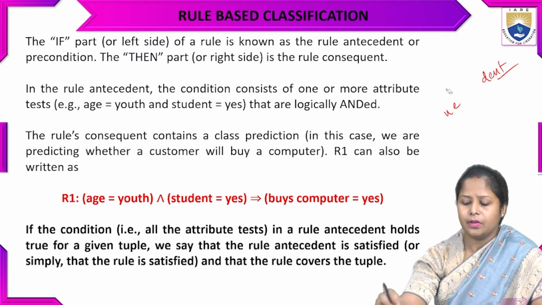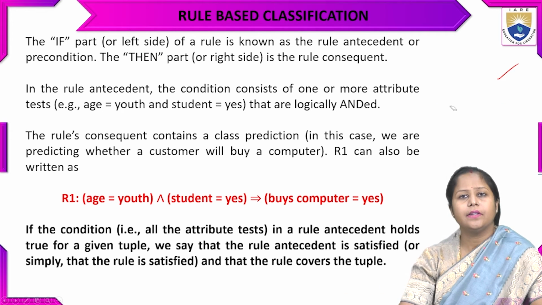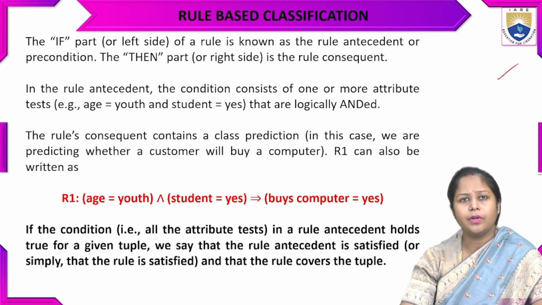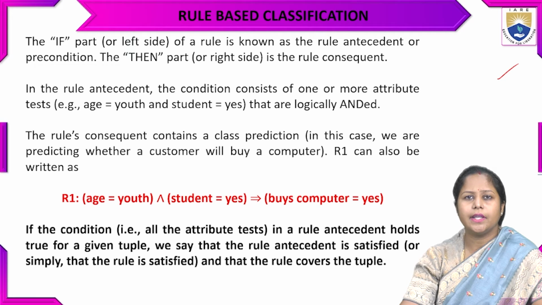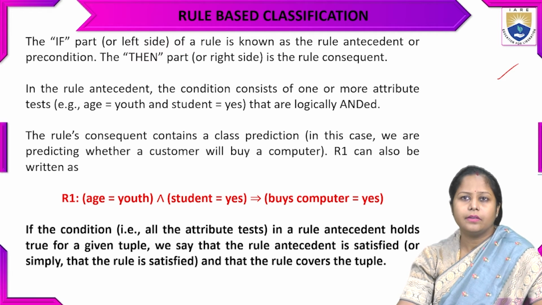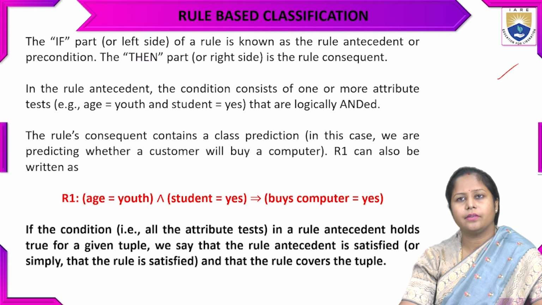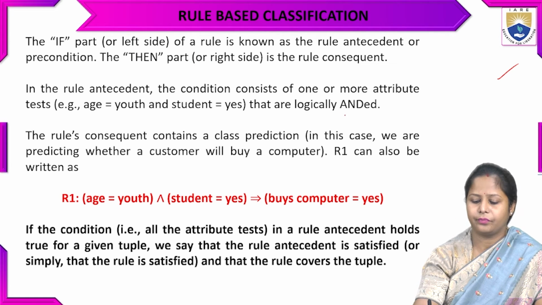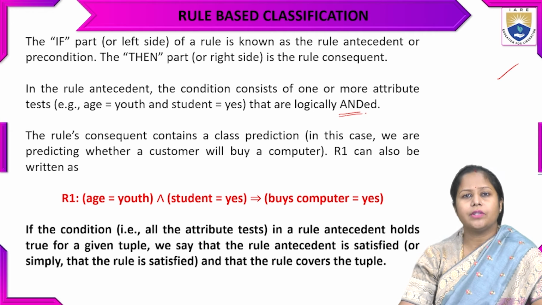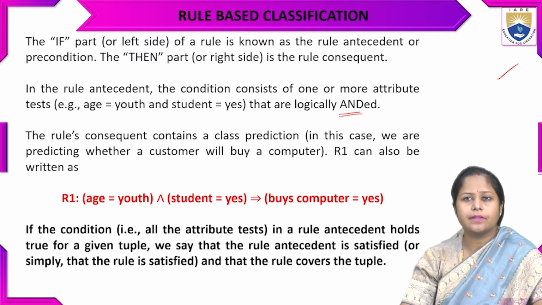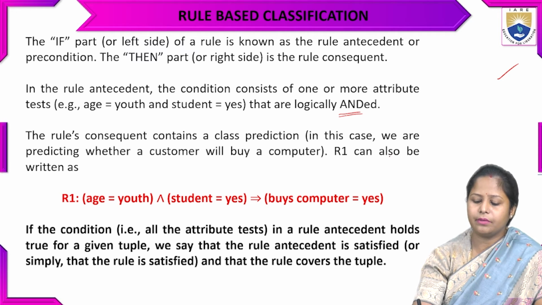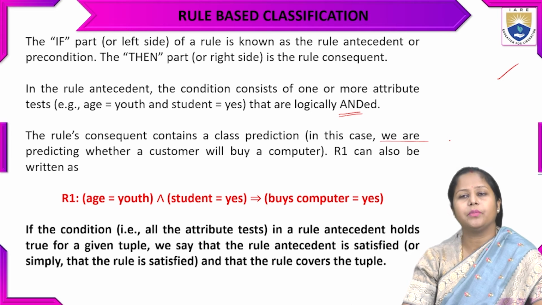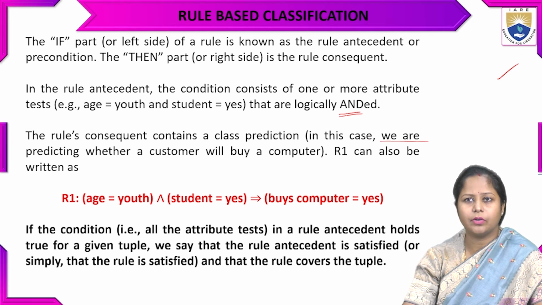In the rule antecedent, the condition consists of one or more attribute tests, that is age is youth and student is yes, that are logically ANDed. The rule consequent contains a class prediction. In this case, we are predicting whether a customer will buy a computer in the first rule R1.